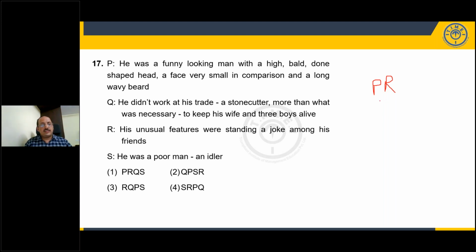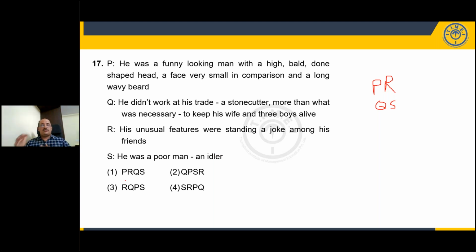And can I say Q and S will also come together? Yes, because as he did not work at his trade more than what was required, he was a poor man. So which would be my first line? Would it be Q or would it be R? Actually, it could be both of them. But then if I think about it, first would I talk about how he looks?